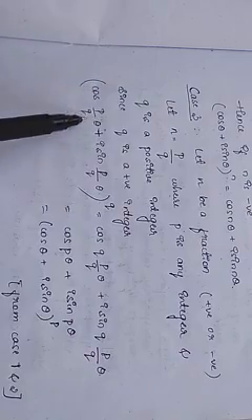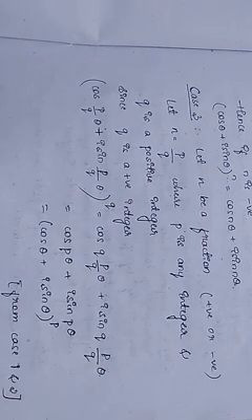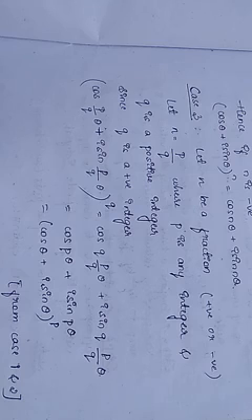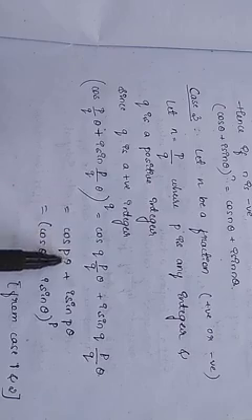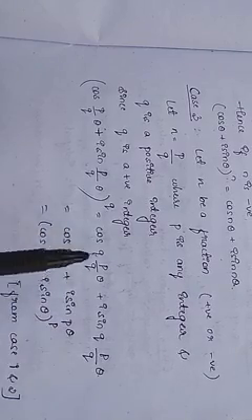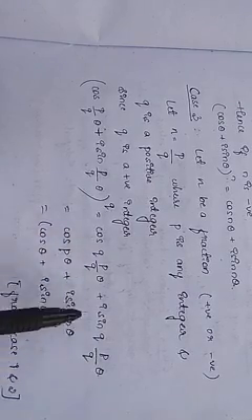In the place of theta consider p by q theta, and in the place of n consider q. So (cos p by q theta plus i sin p by q theta) to the power q is equal to cos q into p by q theta plus i sin q into p by q theta. This is using case 1 and case 2. That's equal to cos p theta plus i sin p theta, because q gets cancelled.